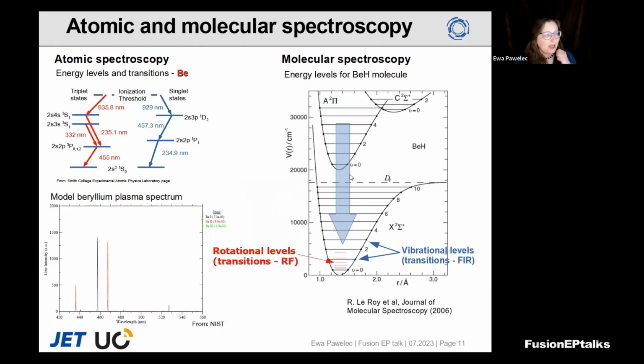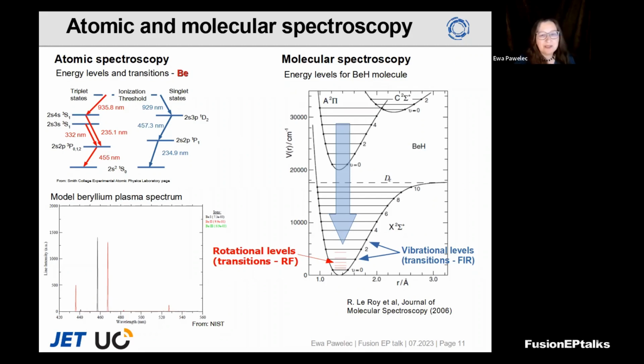What's more, if we start to look within these electronic transitions, we can see that each of them is divided into sub-levels. In the case of atoms, it happens as well, for example the fine structure.